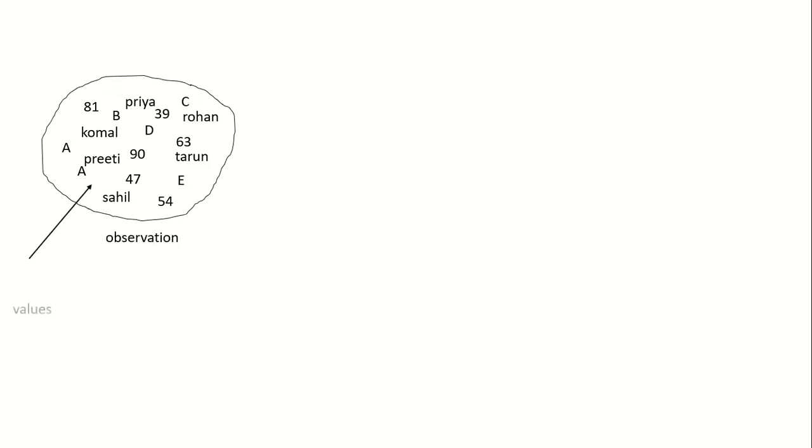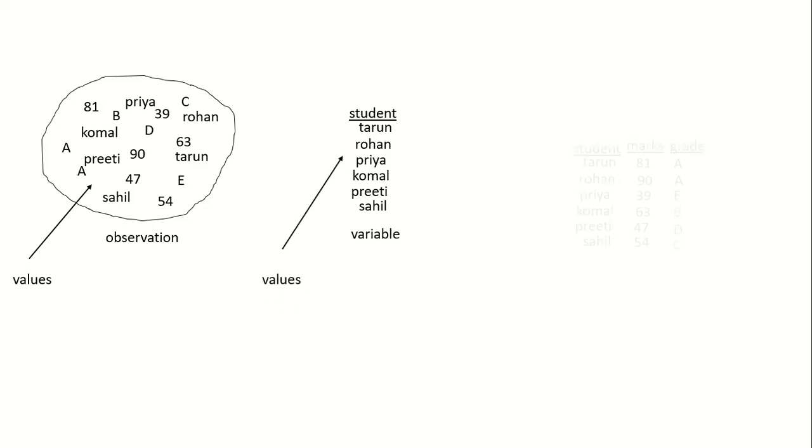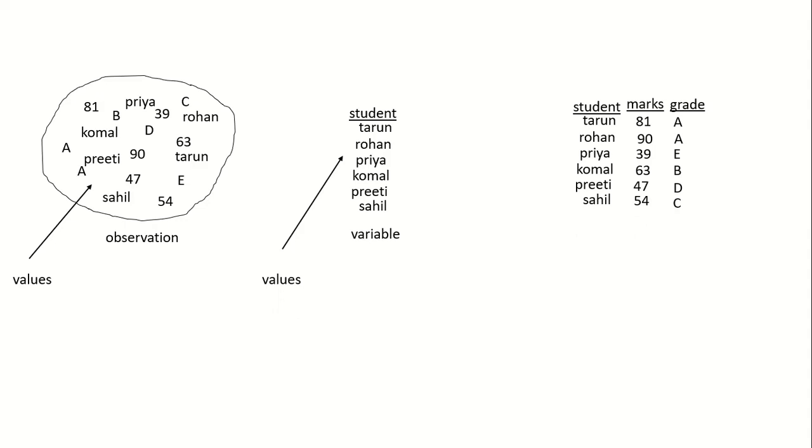First, we observe. So this is an observation and its value. After that, we make a variable, and this is the value of the variable. And after mixing it, we get a table form, which is nothing but rows and columns.